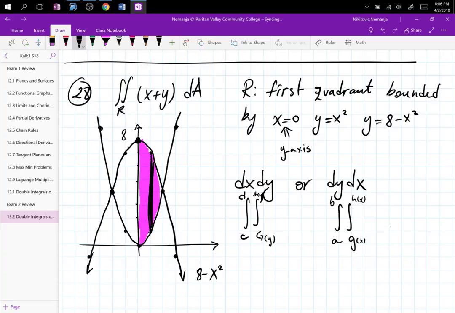If I draw a dx representative rectangle, I can see that it swipes from 0 to 3, sorry, from 0 to 2. 2 is the most right that it can go.